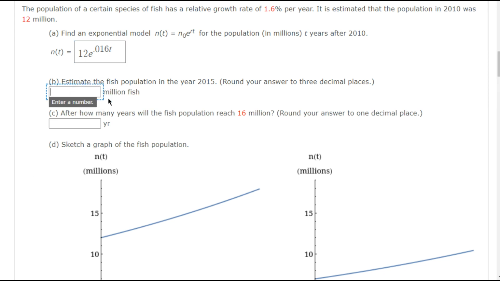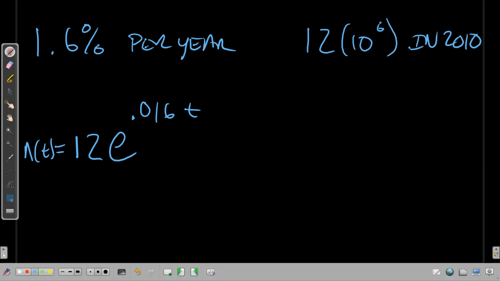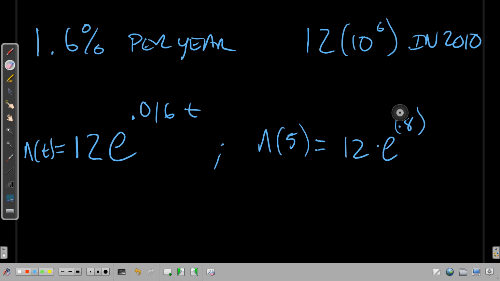Estimate the fish population 5 years later. So that will be what I get when t is 5. So n of 5 would be 12 times e to the 0.8. Or, I'm sorry, 12 times e to the 0.08.